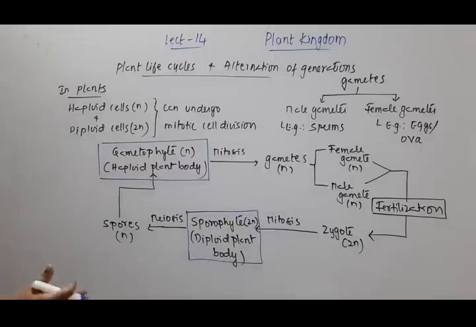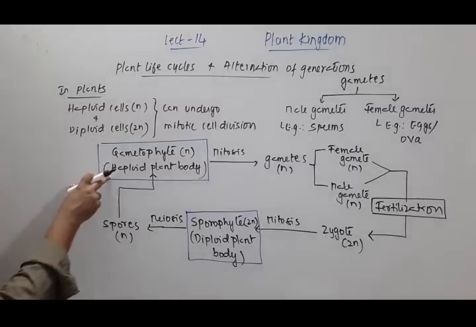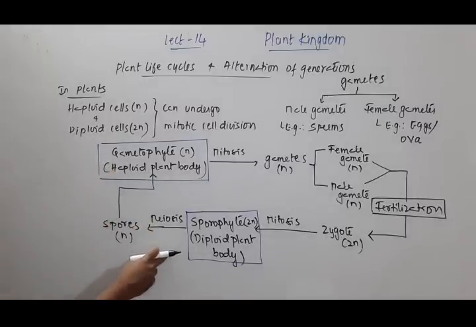So the sporophyte gives rise to the gametophyte, and the gametophyte gives rise to the sporophyte. This is what we call the alternation of generations. In simple terms, I can say the gametophyte is gamete producing and the sporophyte is spore producing.